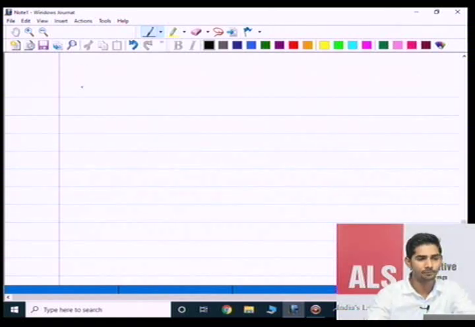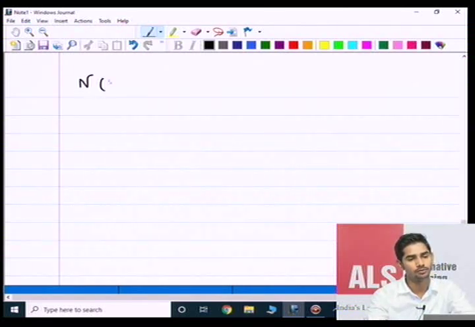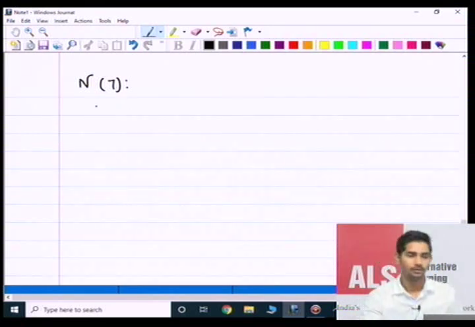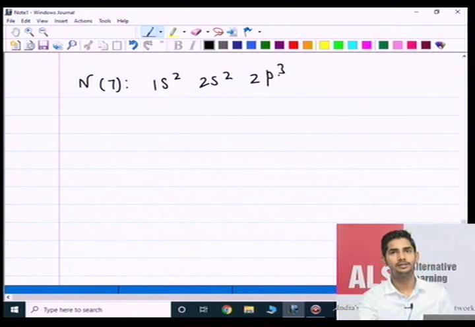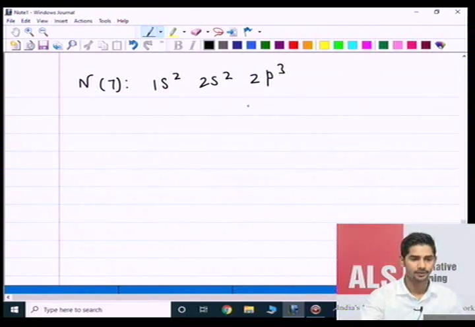See, let's say suppose I have nitrogen whose atomic number is 7. Its configuration will be 1s2, 2s2, 2p3. Guys, relax. I'll discuss how to write the electronic configurations. So guys, let's talk about the 2p.